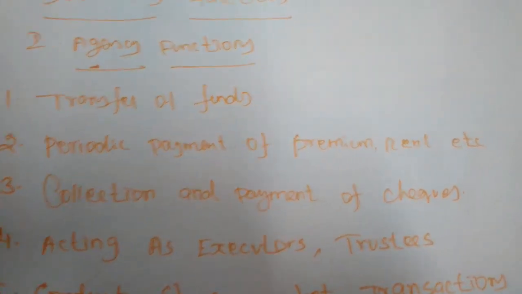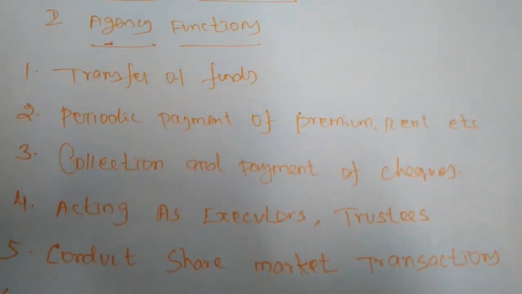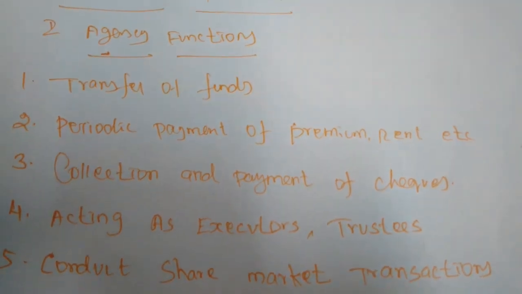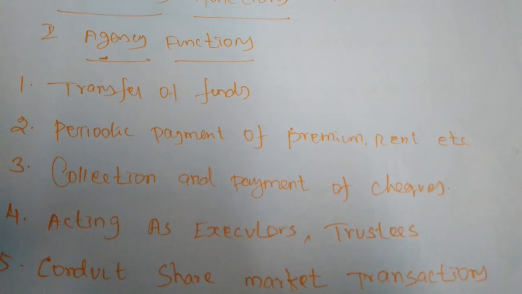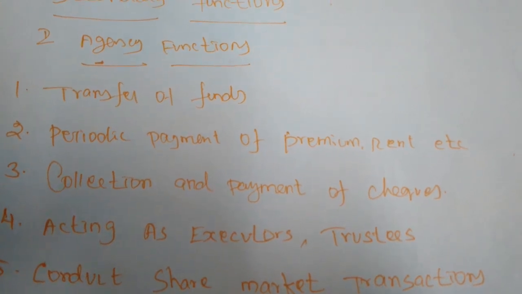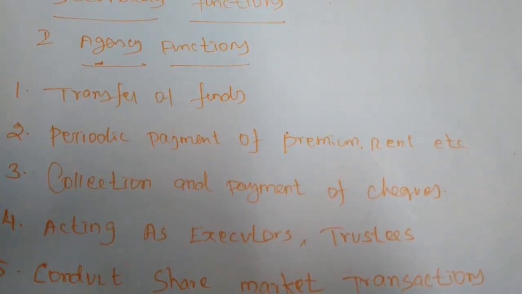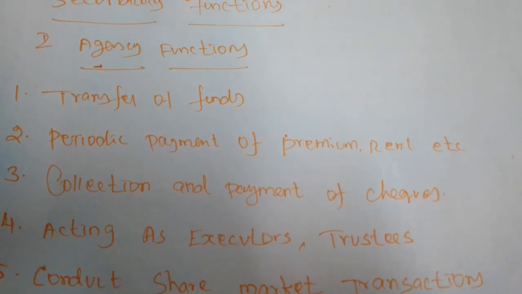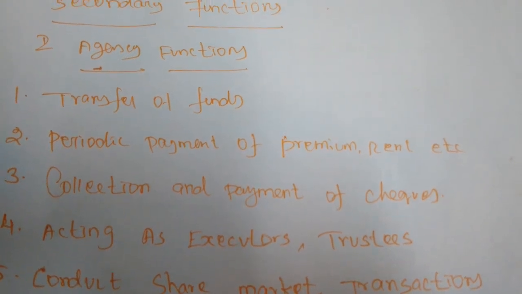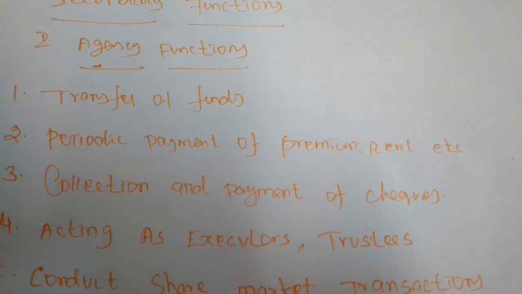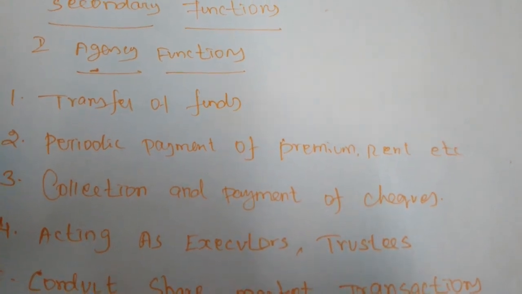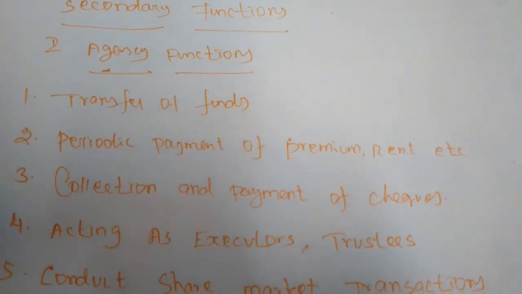Next, periodic payment of premium, rent, etc. Normally we purchase many commodities from many business organizations, and we need to pay every month or every week for many purposes. This periodic payment will also be paid by the bank itself on behalf of the customers.